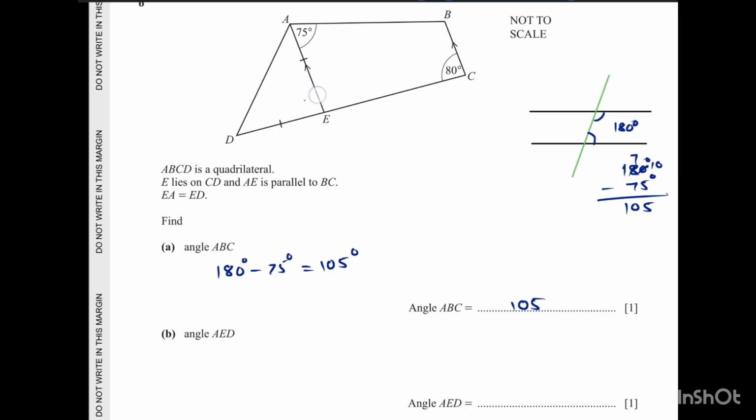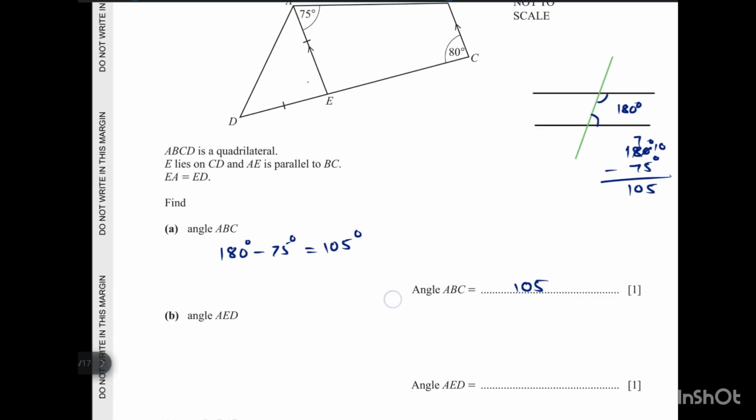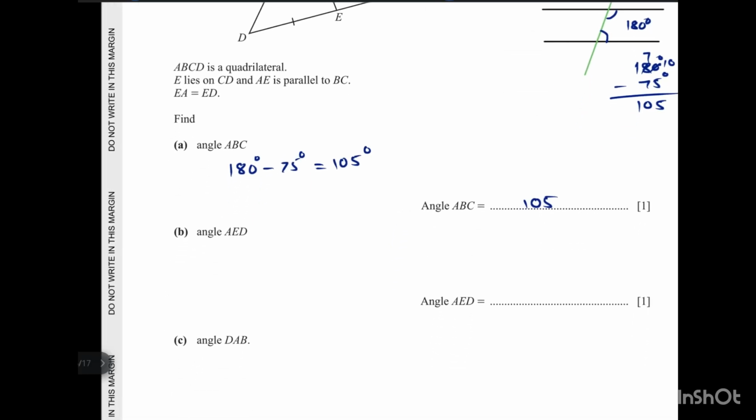To find angle AEC, we have to do 360 minus the sum of the three angles. We already got this angle. So angle AEC is equal to 360 minus 105 plus 75 plus 80. The third angle is 80 there.